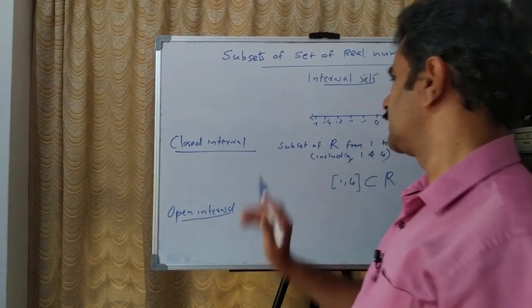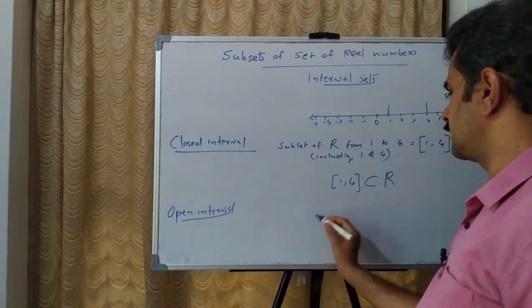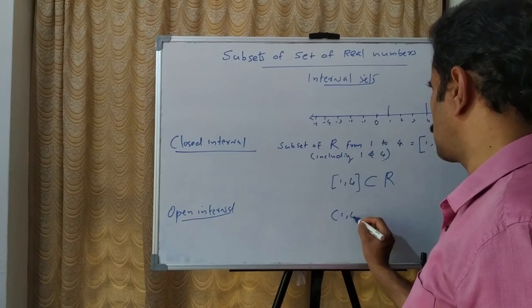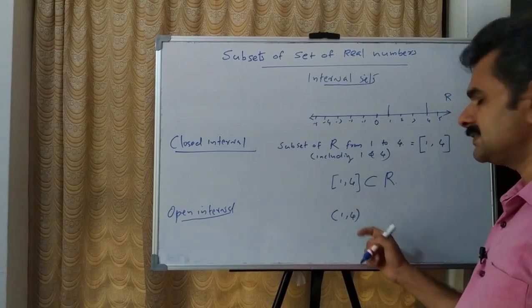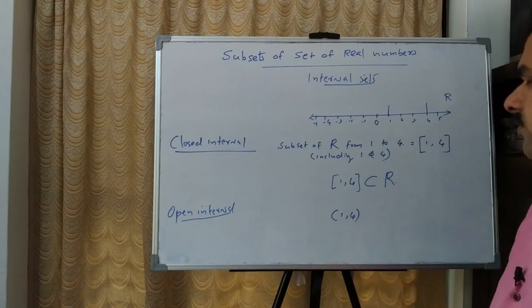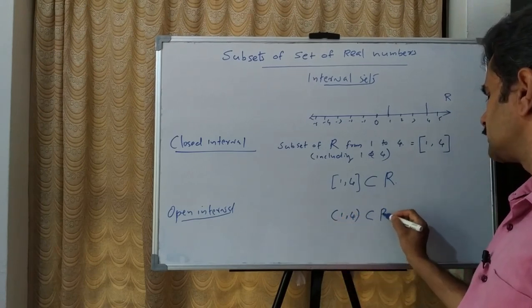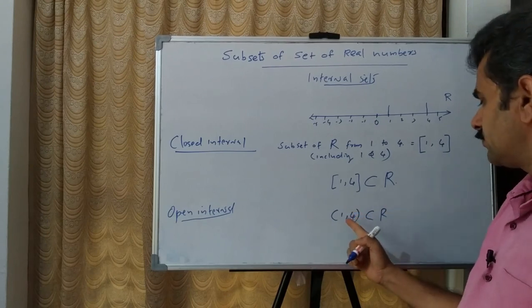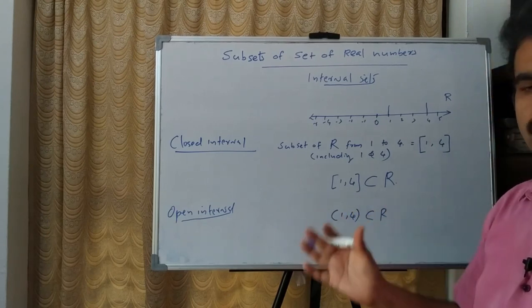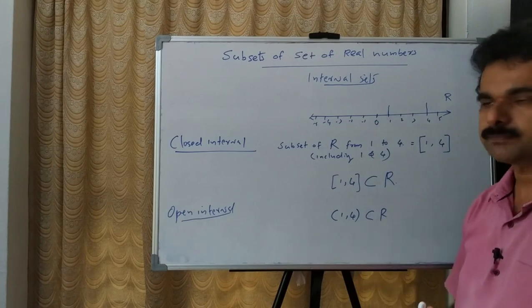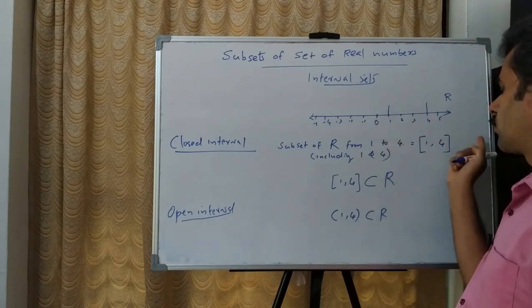Open interval means this one, (1, 4). So the bracket is changed. It is the open interval (1, 4). It is also a part of R or subset of R. But here 1 and 4 are excluded, not included. 1 will not be there, 4 will not be there.